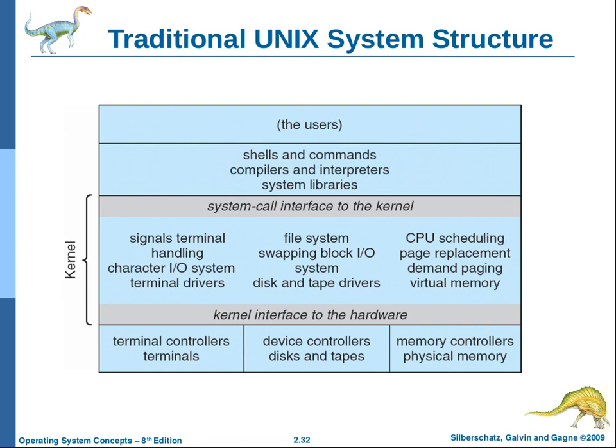All it's going to provide is a mechanism to communicate from one thing to another, and that's it. Then it's going to load modules where one module is the terminal driver, one module is the file system, one module is the signal terminal, one module might be the CPU scheduler, one module might be the disk and tape drivers. Can anyone guess any issues that might come from a microkernel?